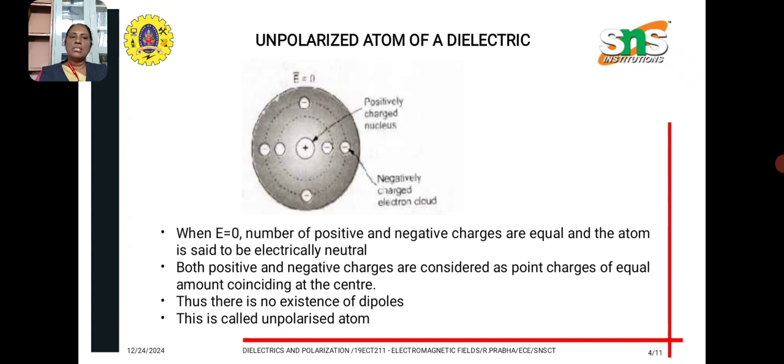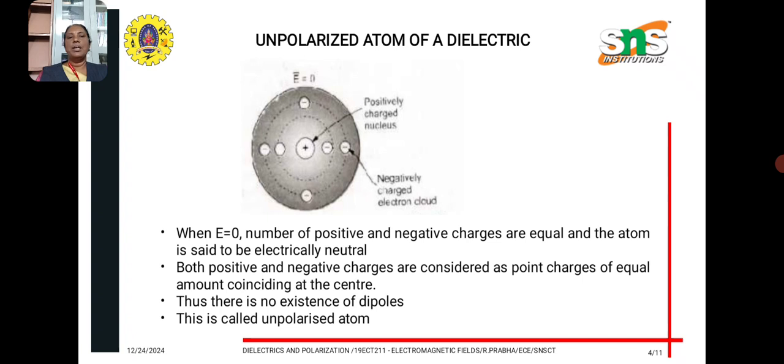The diagram explains the unpolarized atom of a dielectric. We have a positively charged nucleus at the center, and negatively charged electrons on the outside. When E is equal to 0, that is, no electric field is applied, the number of positive and negative charges are equal and the atom is electrically neutral.